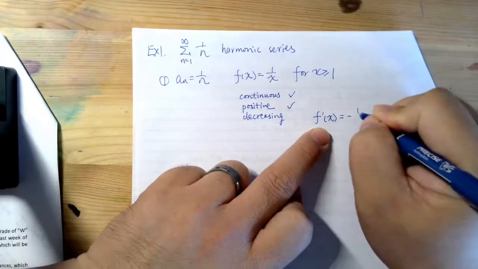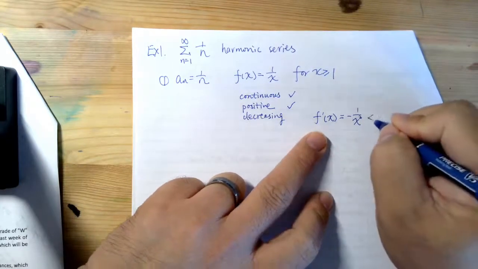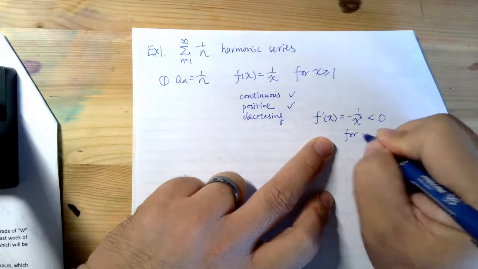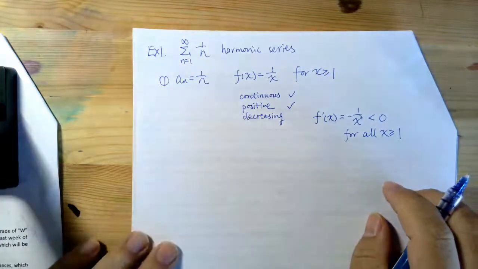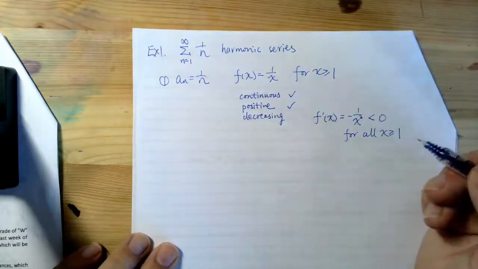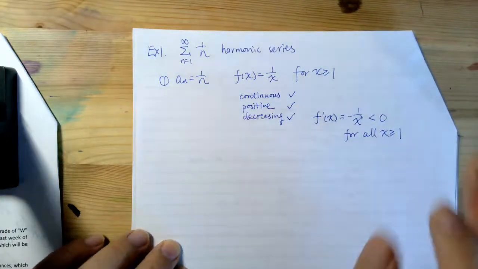Then it's going to give us negative 1 over x squared, and we know that the derivative is less than 0 for all x greater or equal than 1. So we can guarantee that the function is decreasing on this interval. So we're good.